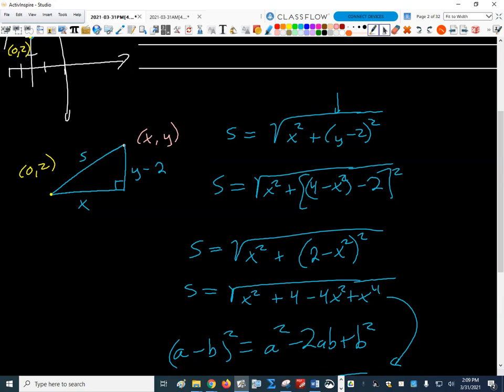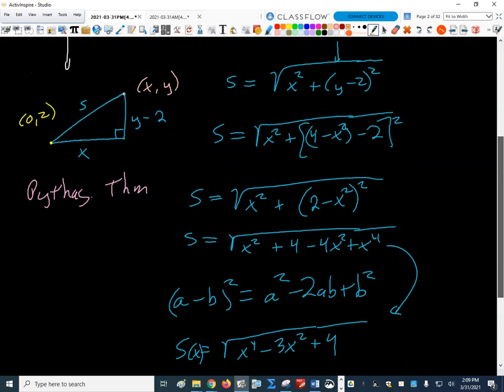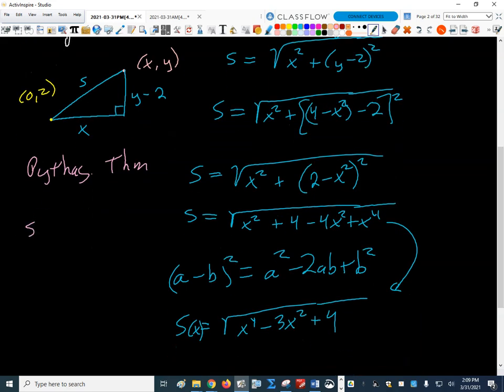If we just apply the Pythagorean theorem directly, what's that give us from that triangle? We get s squared equals x squared plus the quantity y minus 2 squared, okay?